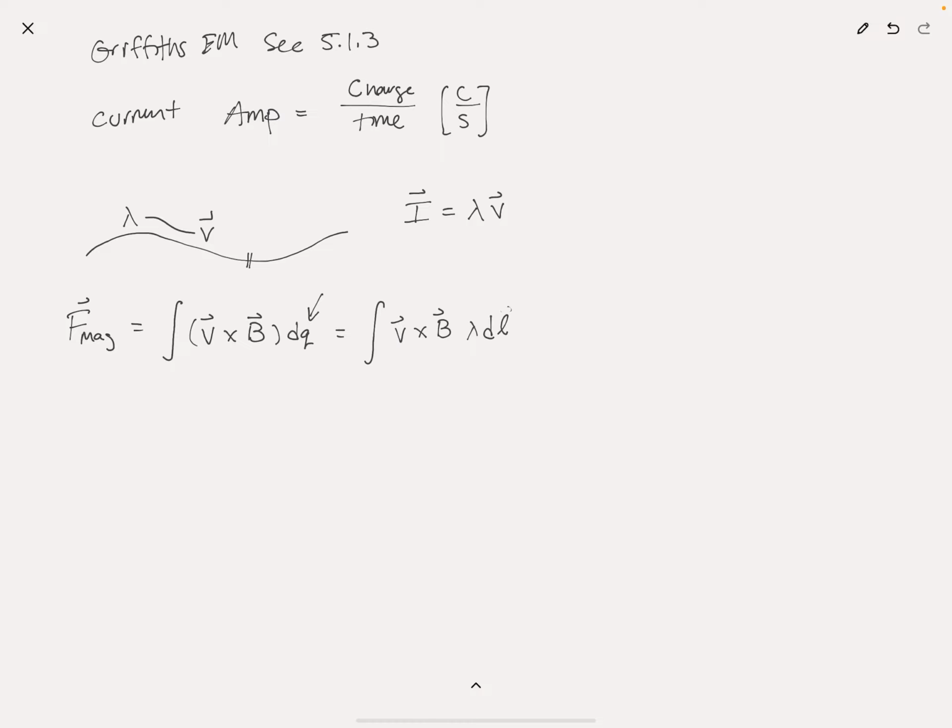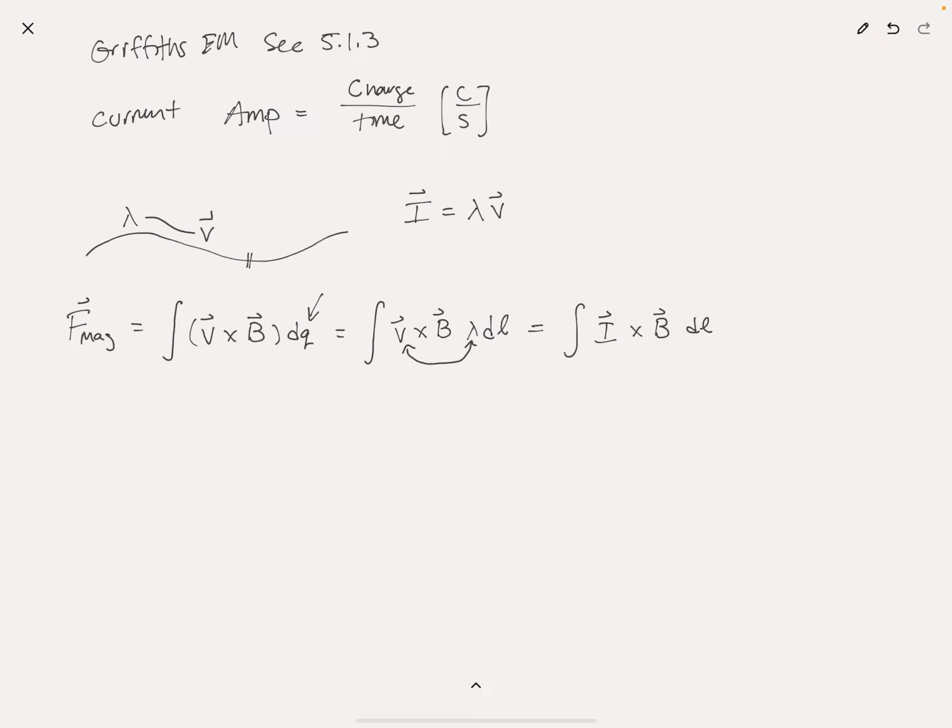This is not a vector yet. And I know that if I take the product of my velocity and my charge density along my wire, that is my current. So that's my current crossed with B dl.